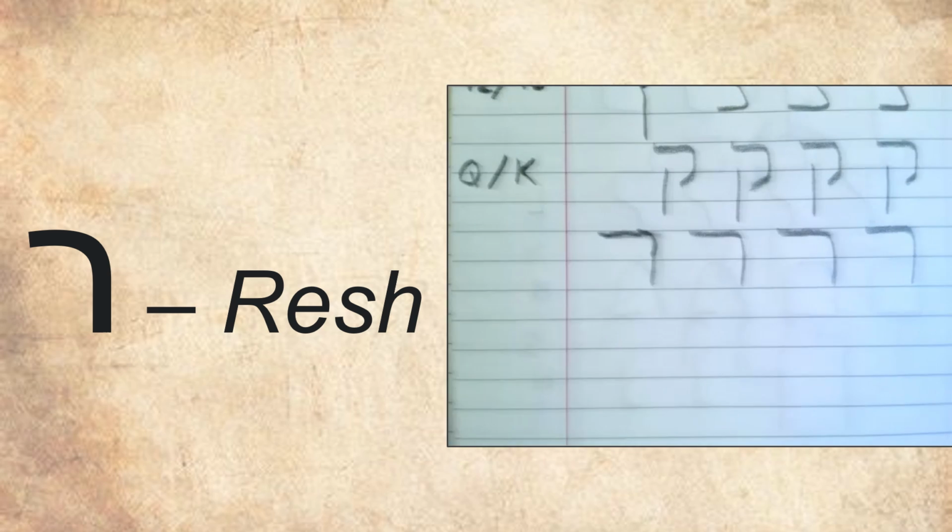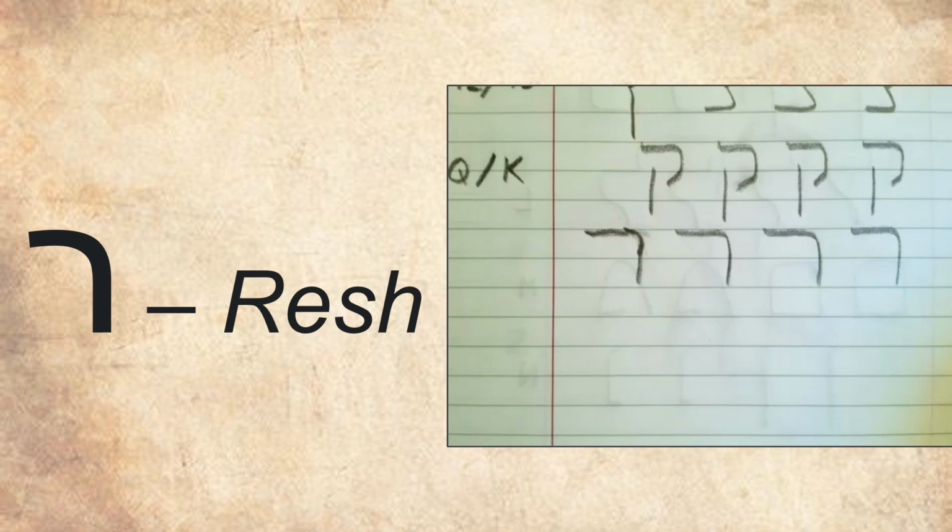What's interesting about the letter Resh is that it's a voiceless uvular fricative. But first I'll say it's basically the letter R in English, so you could think of the word robot. But there are actually three different pronunciations of the Resh, and it depends on where you're from or what you're already used to.